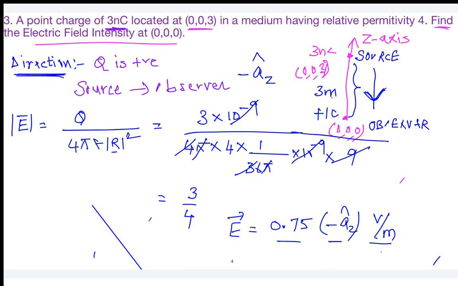Then we moved on to the direction of electric field intensity. What is the summary we got? When the charge is positive, the electric field intensity will be away from the source, and when the charge is negative, it will be towards the source. Then we moved on to electric flux. Electric flux is basically the same as the charge; in other words, it is the displacement from one conductor to the other.